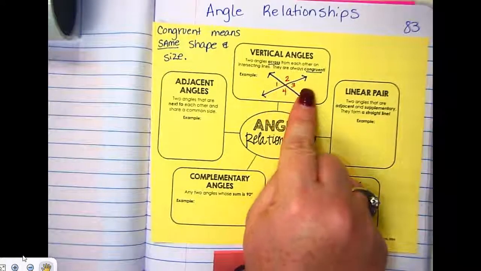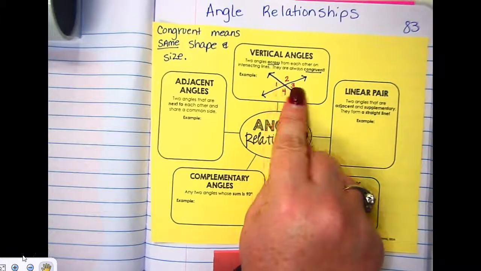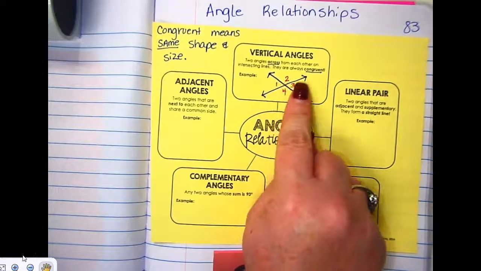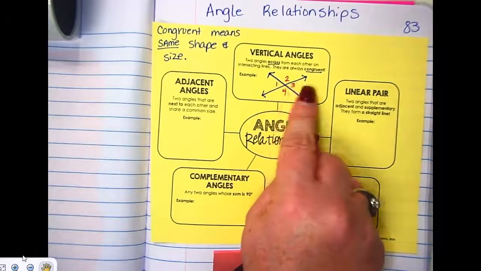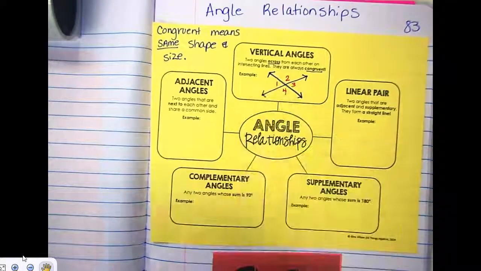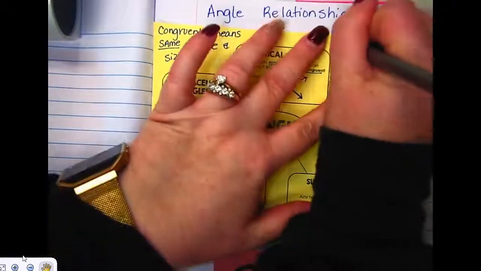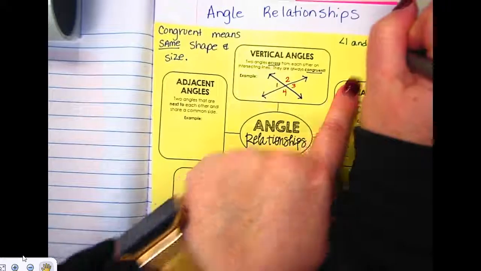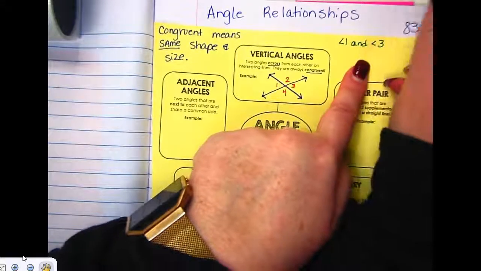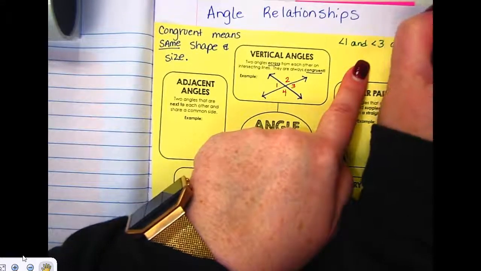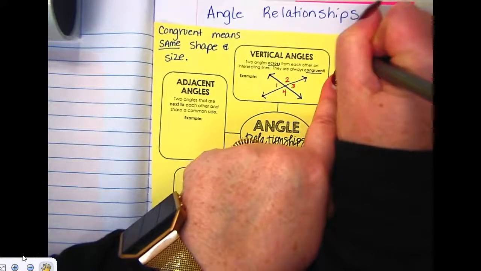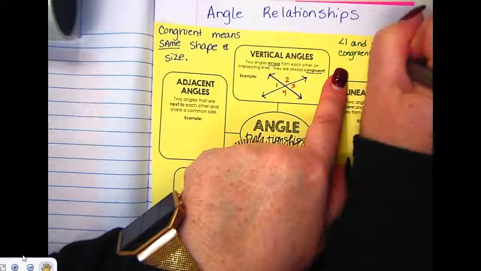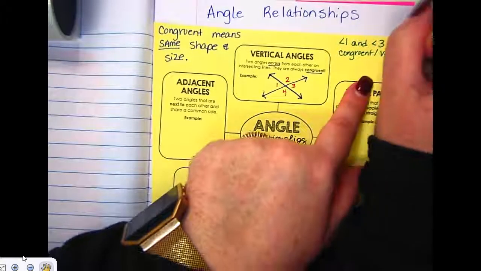These are vertical angles because they are across from each other. They are the same shape and the same size. Do you see how those two are the same shape and the same size? So we're going to say that angle 1 and angle 3 are congruent. They are also vertical.